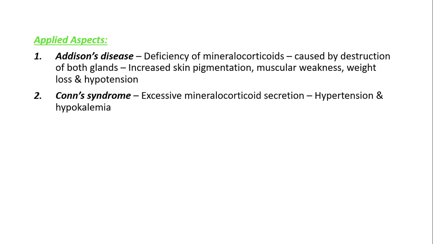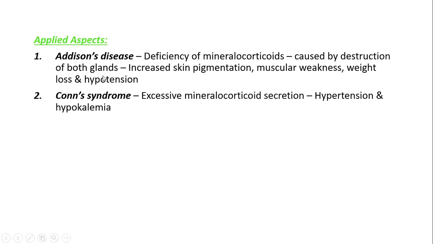Then the second condition after Addison's disease is Conn's syndrome. This is just the opposite of Addison's disease. Here there is excessive secretion of the mineralocorticoid. This leads to symptoms opposite to Addison's disease.